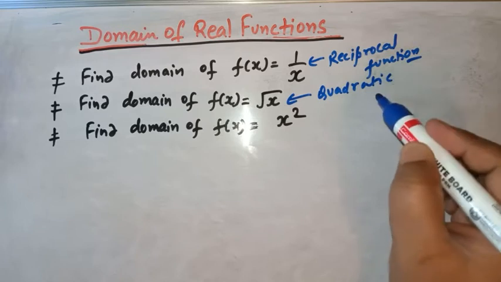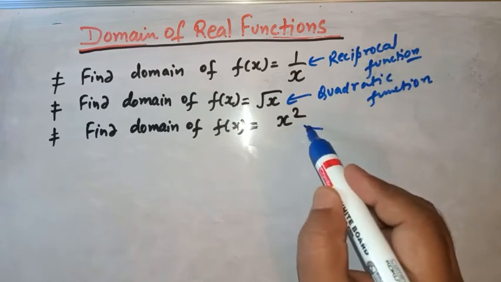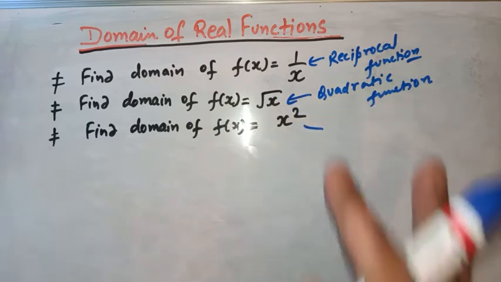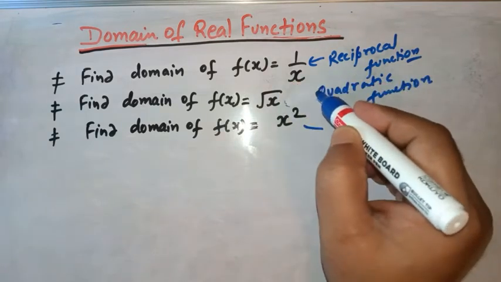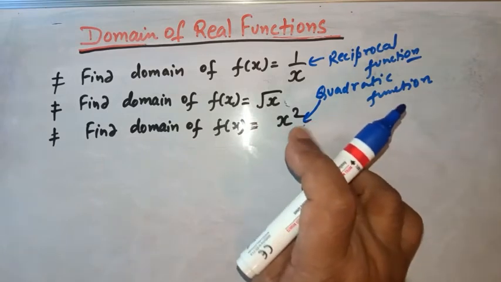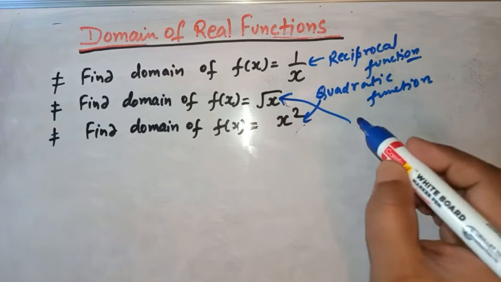This is called the quadratic function. I'm sorry, this is not the quadratic function. This is the quadratic function here. Clear? This is the quadratic function, and this is the square root function.